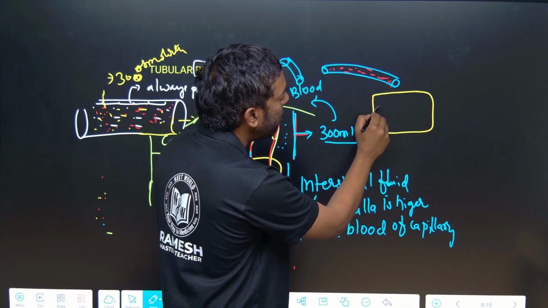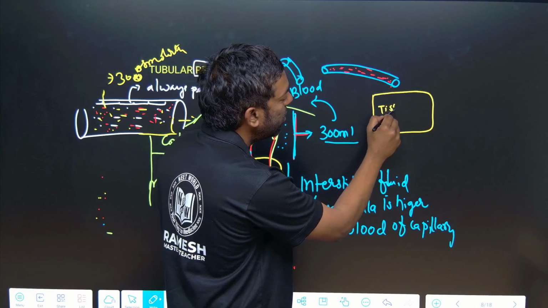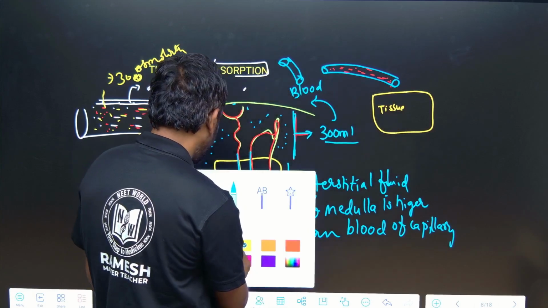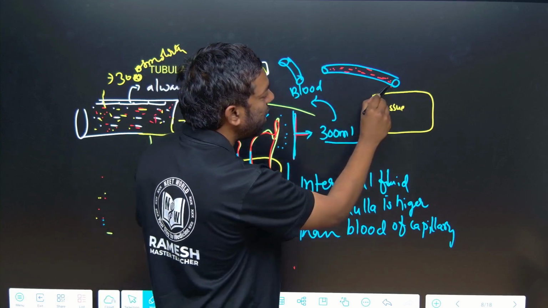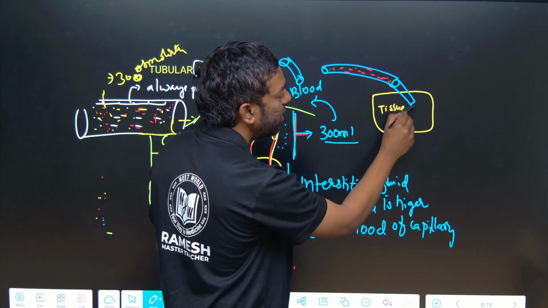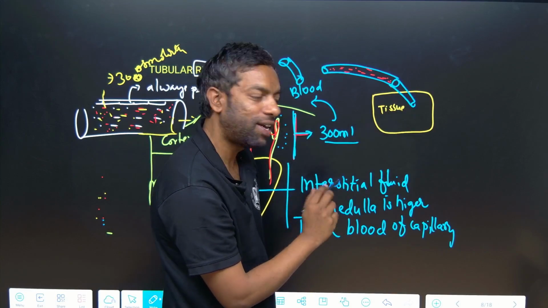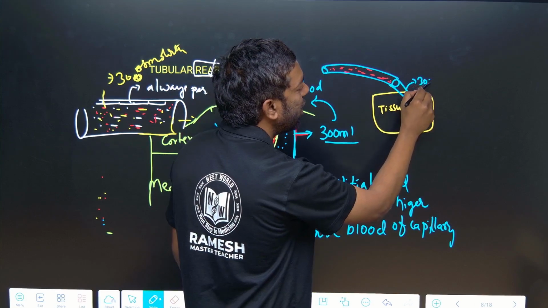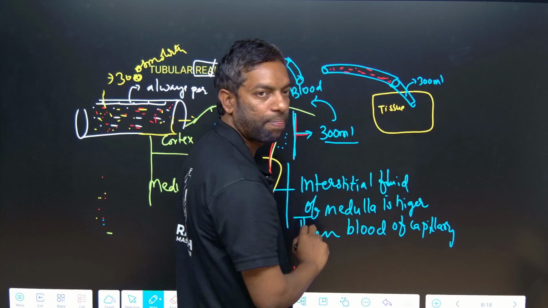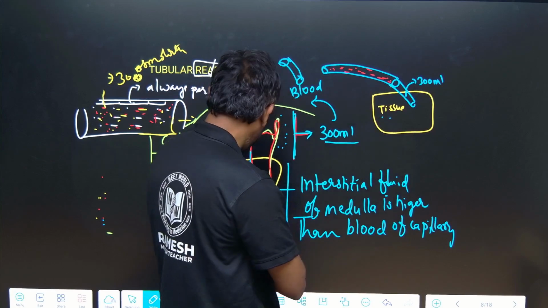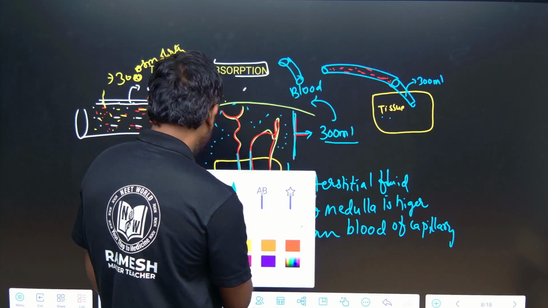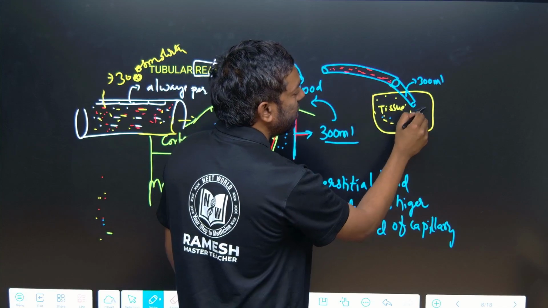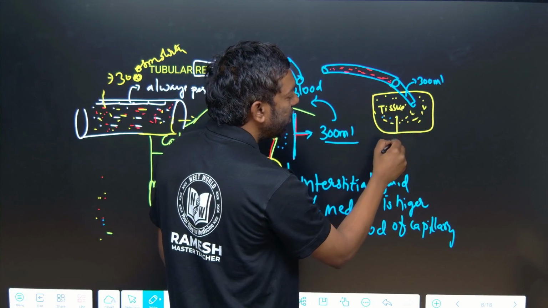This is the tissue of the organ. Blood enters through the capillary, which has 300 osmolarity. What about the tissue? The tissue has cells and fluid.